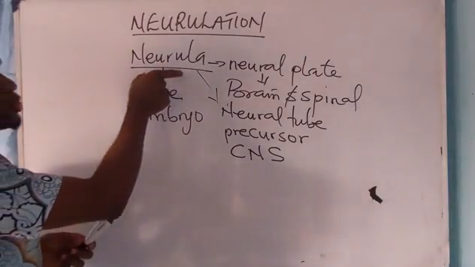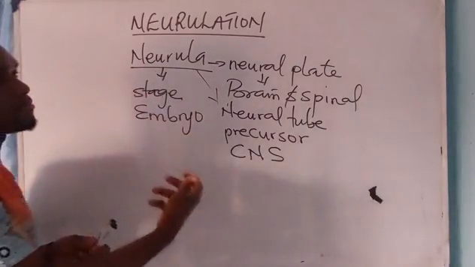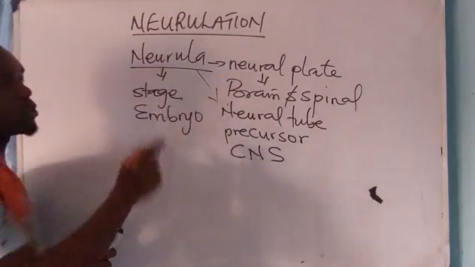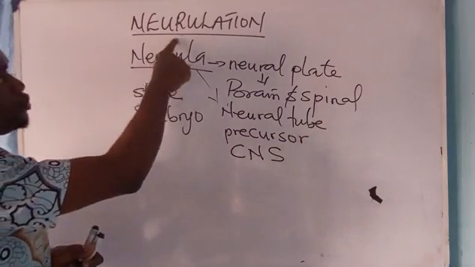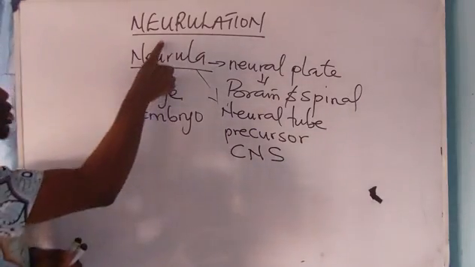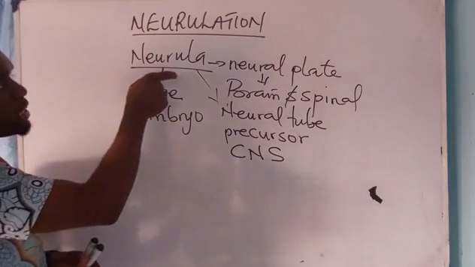Gastrulation is a multi-layered embryo which is formed from the blastula, which is a single layered embryo. So what is the meaning of neurulation? Neurulation in a nutshell means the formation of a neurula.